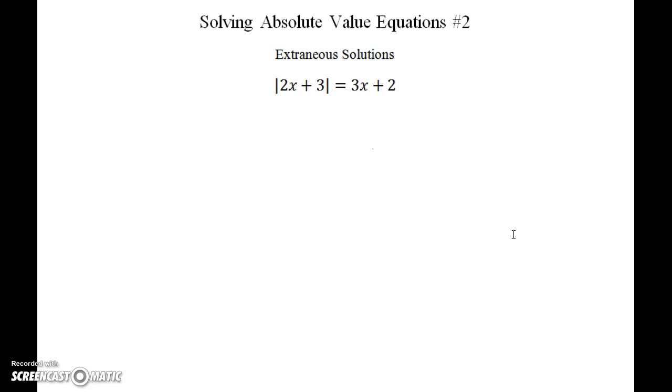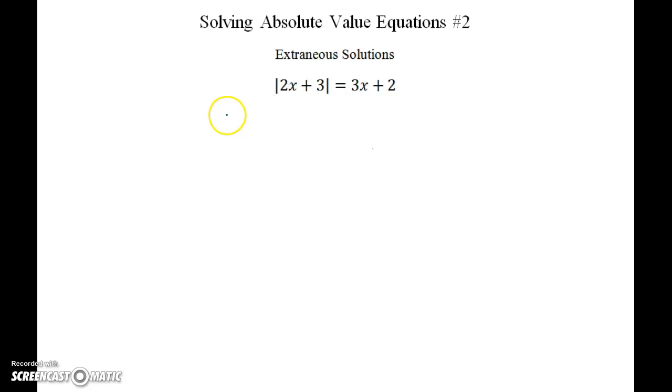So for this particular example, we have the absolute value of the quantity 2x plus 3 equals 3x plus 2. Okay? So we're going to look at solving this first. To solve this, we need to first of all split this into two different equations.